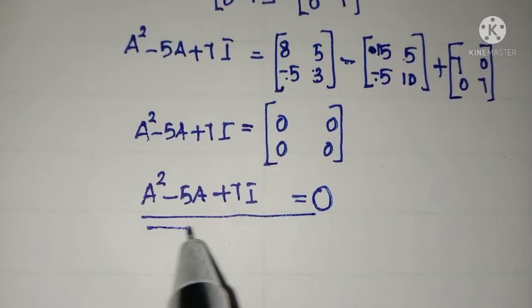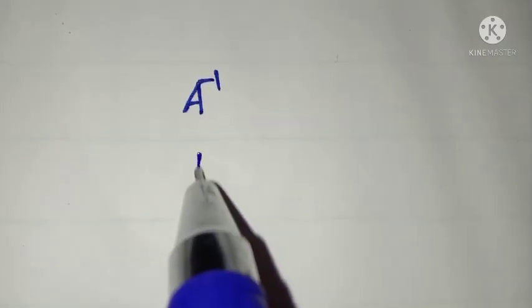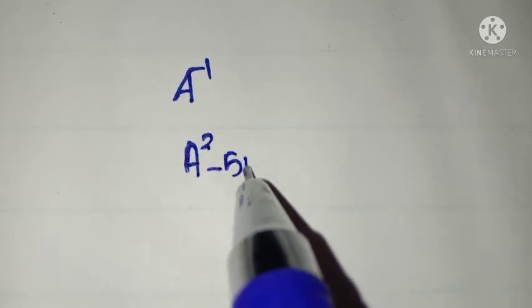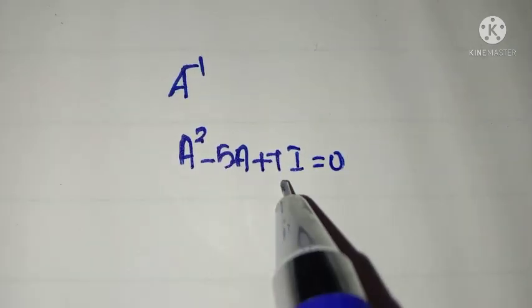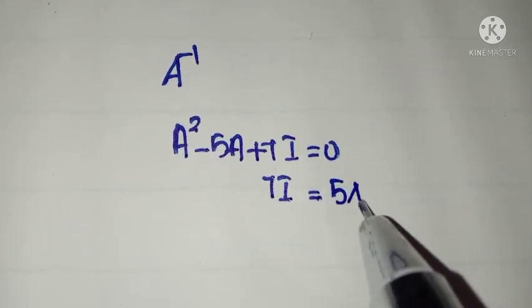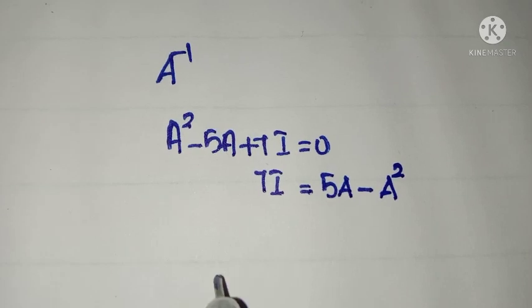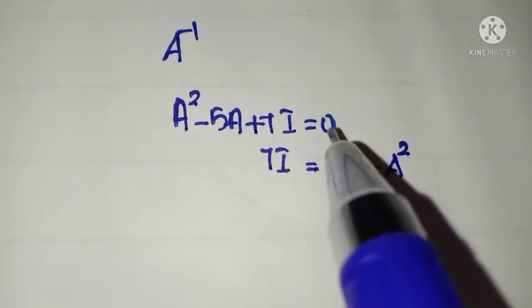So, we proved. To see A inverse, we have the equation A square minus 5A plus 7I is equal to 0. From here, what is 7I? 7I is 5A minus A square, right? Now, multiplying by A inverse.